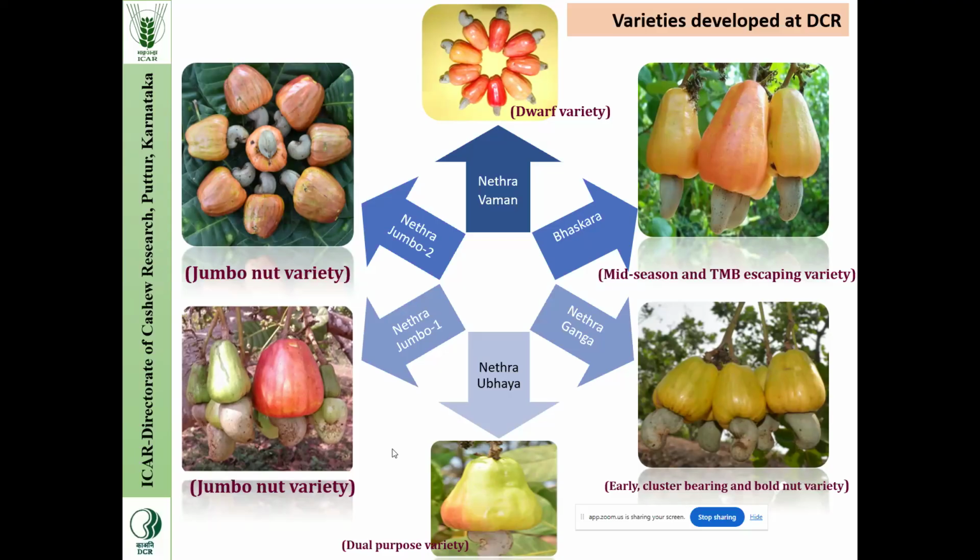And Bhaskara is one of the renowned varieties released from Directorate of Cashew Research, Puttur, which is a mid-season and TMB escaping variety. Next, a dual purpose variety has also been identified and released by our institute, that is Netra Ubhaya. One most recent variety, Netra Samruddhi, has also been identified and released by DCR.